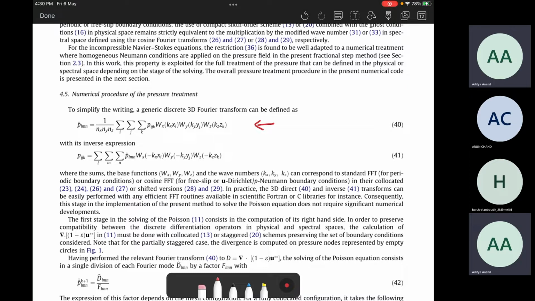Because we had seen that in spectral domain, it was i k_i p hat equal to k squared g_i, or something like that, k squared p hat equal to i k_i g_i. So in the spectral domain, it is simply multiplication and division using wave numbers. So they solve the Poisson equation in spectral domain.